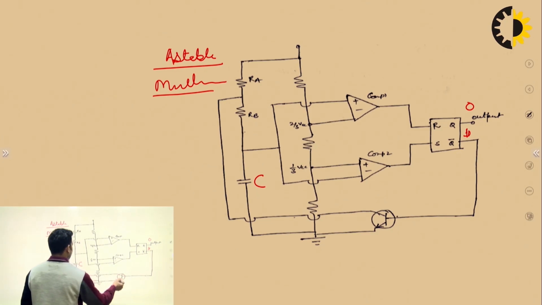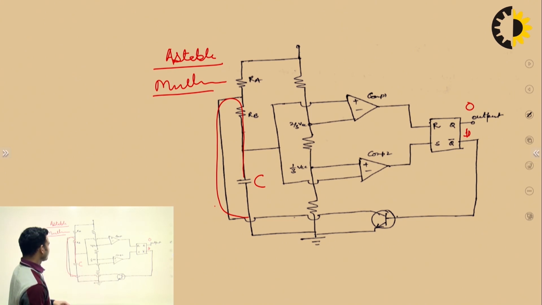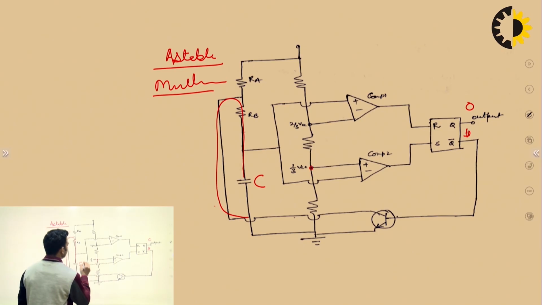This transistor will become short circuit. If there is any voltage across this capacitor, it will get discharged. This is 1/3 VCC.